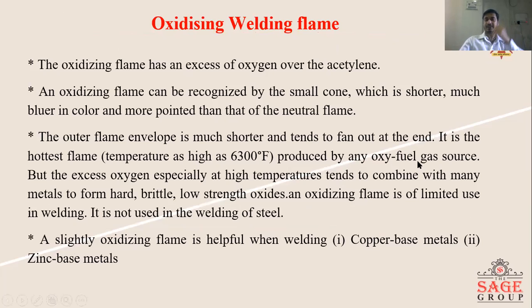Next one is the oxidizing welding flame. The oxidizing flame has an excess of oxygen as compared to acetylene. It can be recognized by the small inner cone, which is shorter, much bluer in color and more pointed than that of the neutral flame.